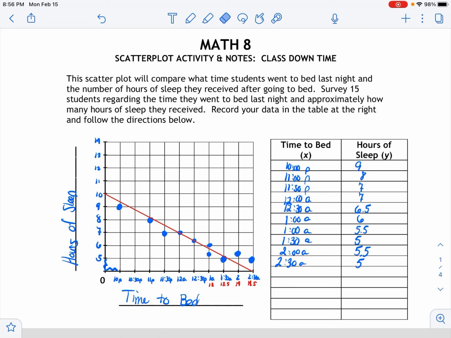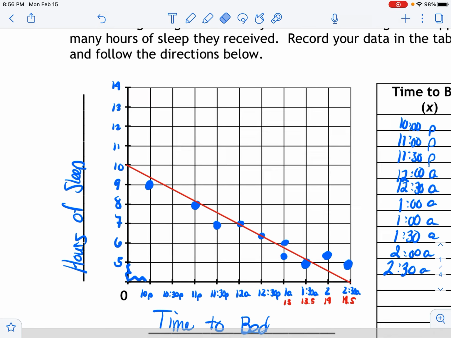This is just some fake data I pulled together real fast. And as you know, I would put my trend line, or my line of fit, on my plot. So I'm going to pick two ordered pairs on my plot. The first one I'm going to pick is 0, 10, right here, because that's my y-intercept.